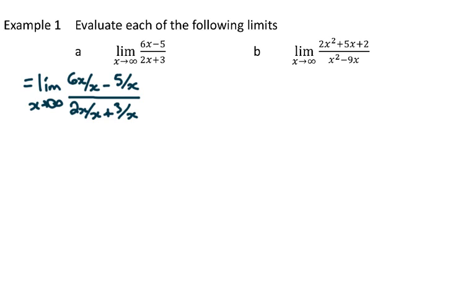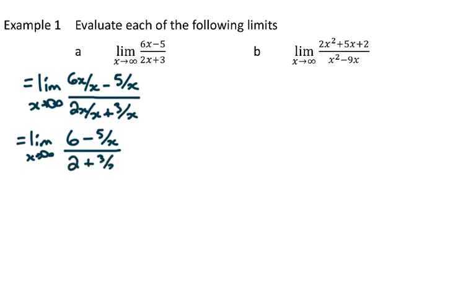Now, what I didn't put in the steps is we actually have to do one step in here before substituting infinity. We actually need to take this and simplify it out. So each term, look at it, 6x over x, well, the x's can cancel, and that is 6. Minus 5 over x, we actually have no x's to cancel, so it stays as 5 over x. 2x over x, again, we can cancel the x's, we get 2.